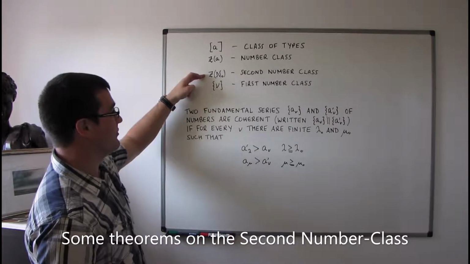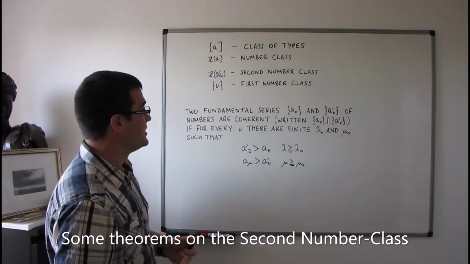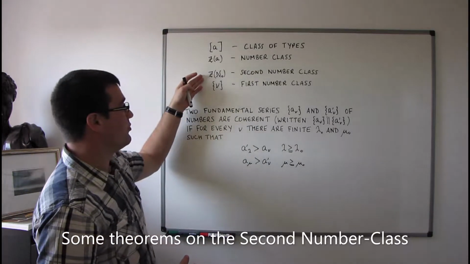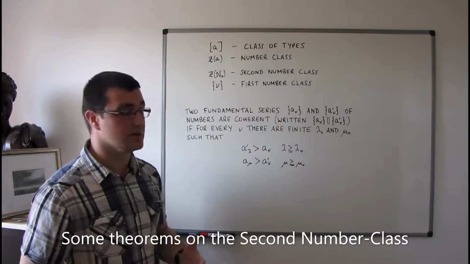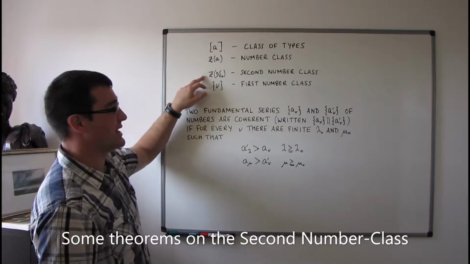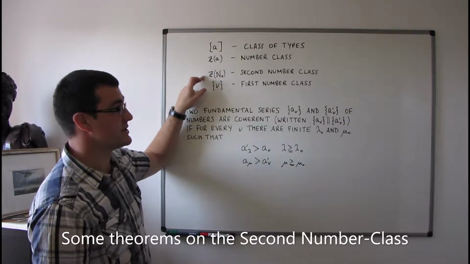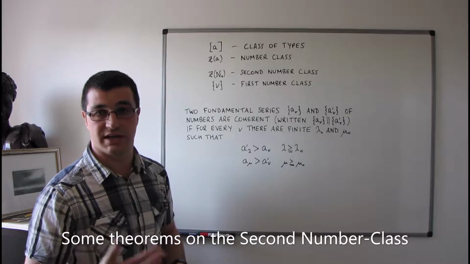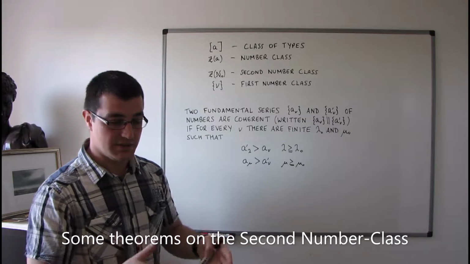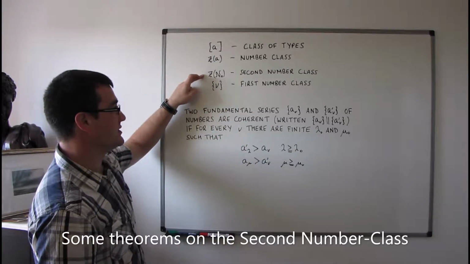Presumably there are higher number classes, the third, the fourth, but for the rest of this article by Cantor it's the second number class that is going to be the main focus. If memory serves me well, there's no mention of the third number class, so we're going to be pretty much sticking with the second number class.